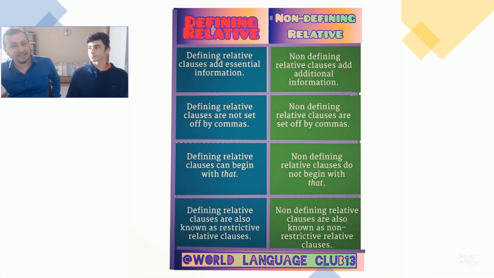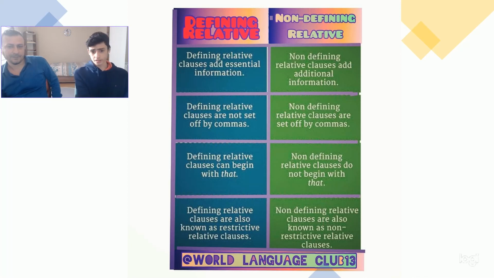So with non-defining relative clauses, you can see the commas. If you see the commas, that means that relative clause is non-defining. Next one. Defining relative clauses can begin with that, but non-defining relative clauses cannot begin with that.